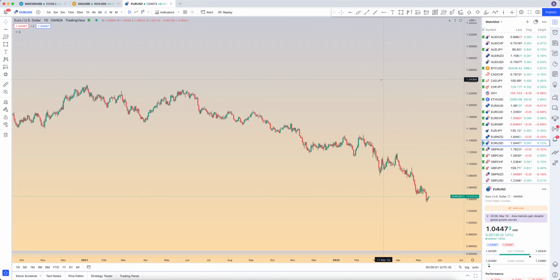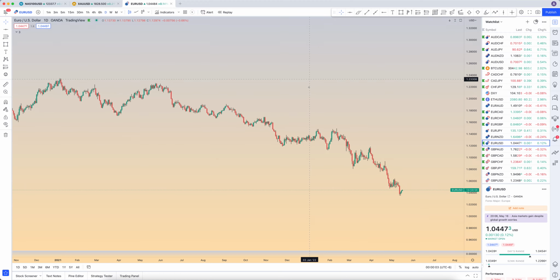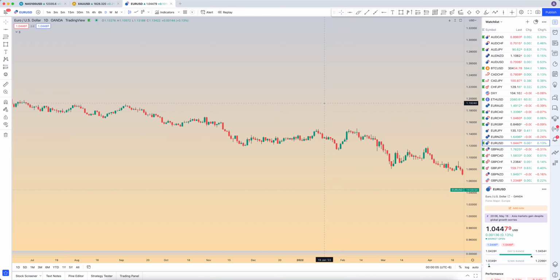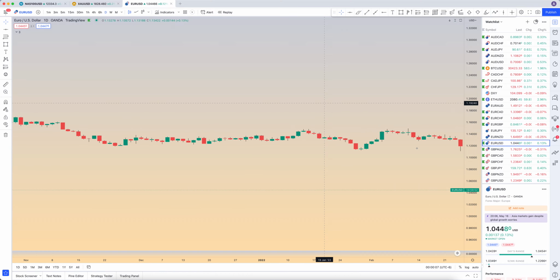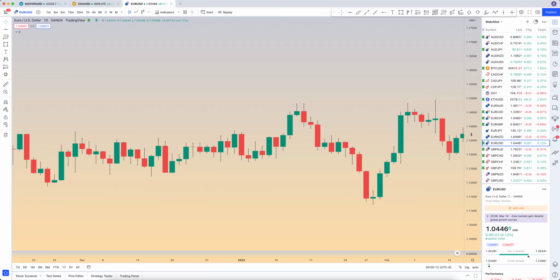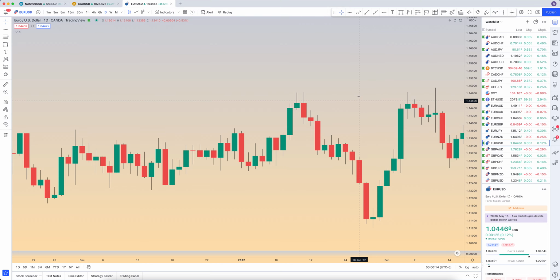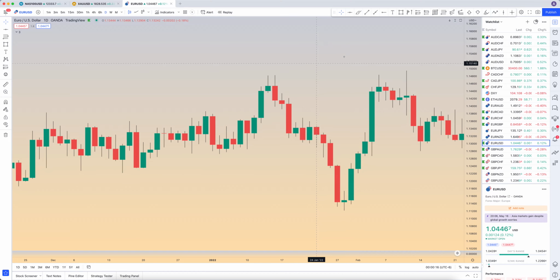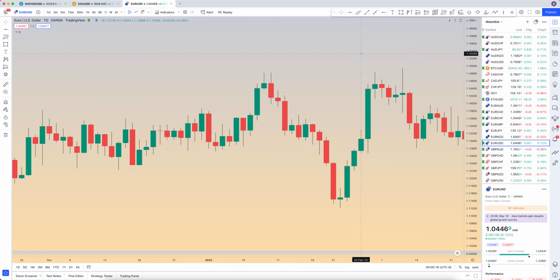All right? So let's just zoom in. Here we are. A little bit more, and we'll stretch that out. So what we have in front of us right now are candles and wicks. Very straightforward. This gives us a lot of information as to where the current stock or Forex pair is.